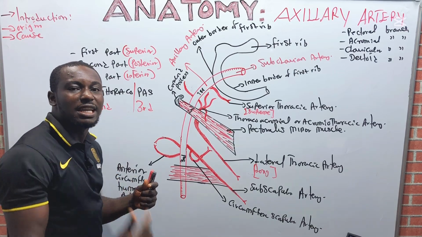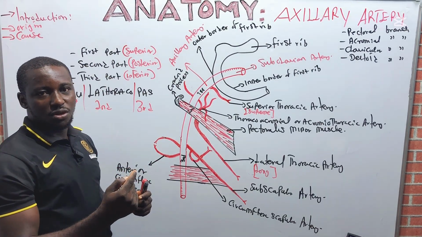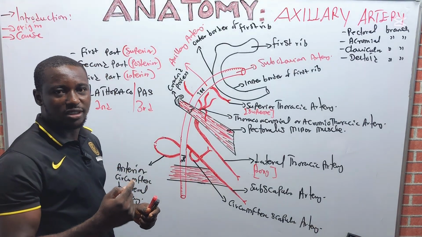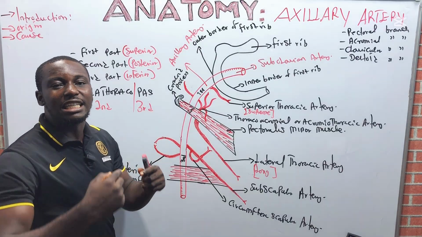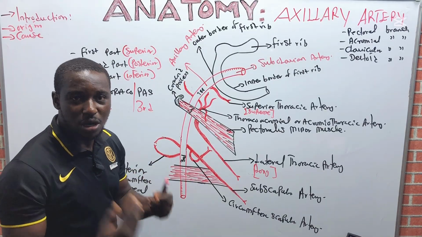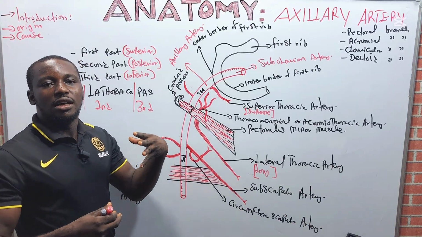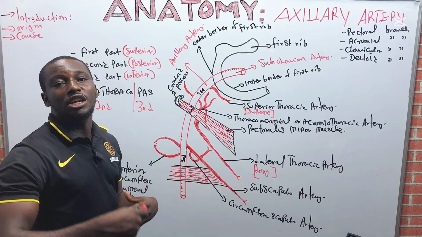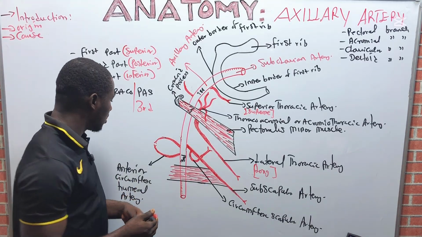It ascends upward, not descends, along the bicipital groove of the humerus to supply the head of the humerus and also the shoulder joint. So that is how it works.